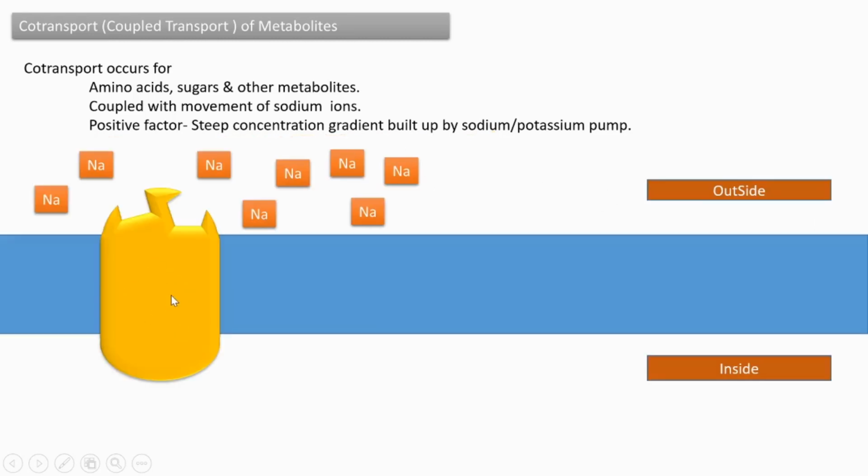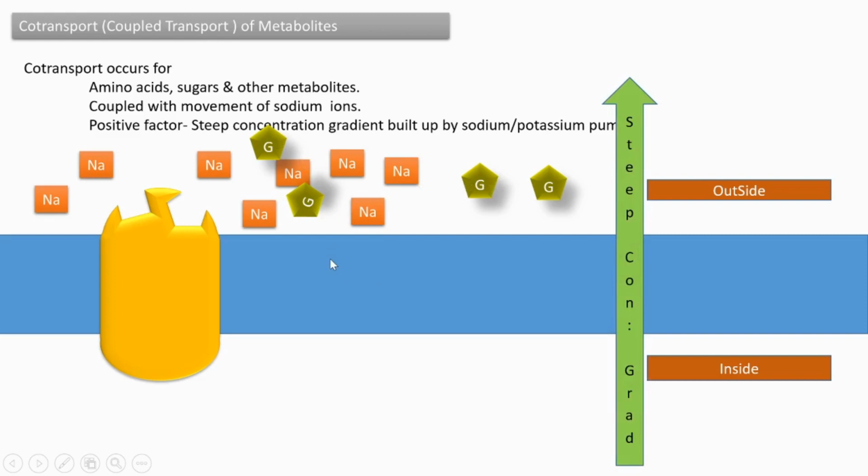This is the carrier protein. We know the sodium concentration is higher on the cell's outer side. Glucose is also present. One more thing we have to understand is that there is a steep concentration gradient in this direction: the concentration of sodium is higher on this side and lower on this side.